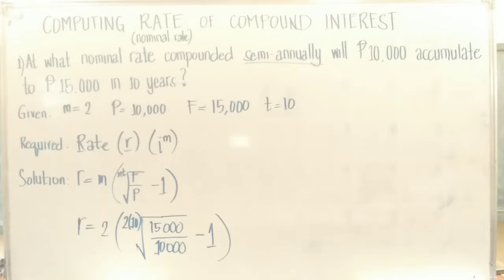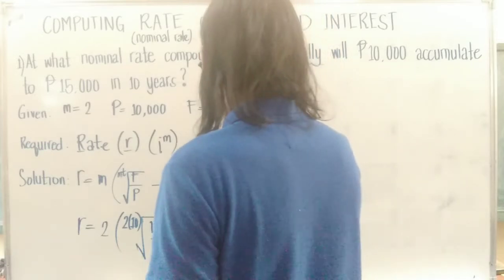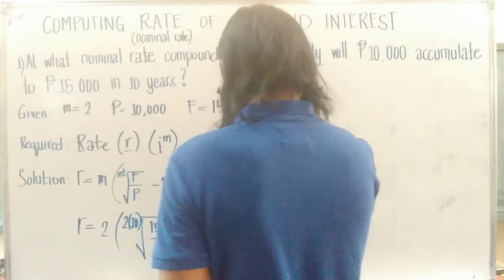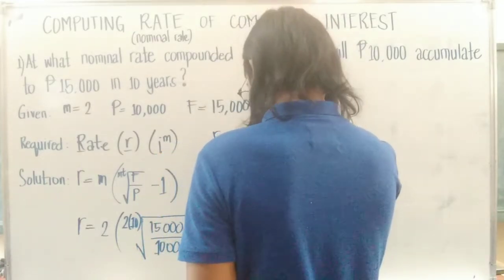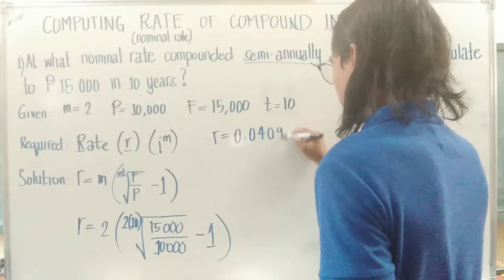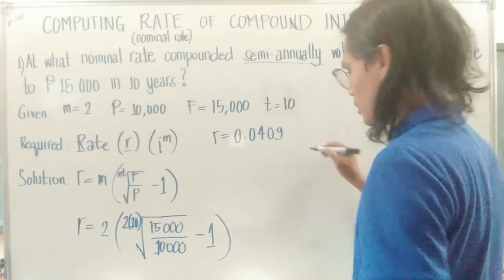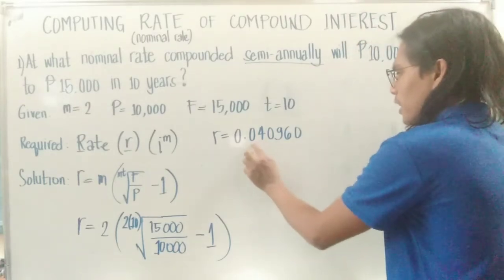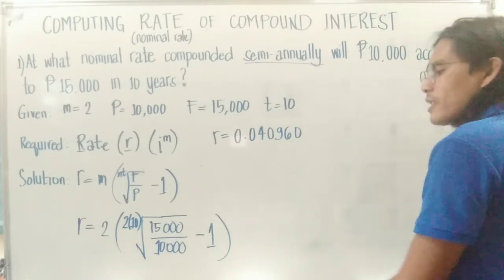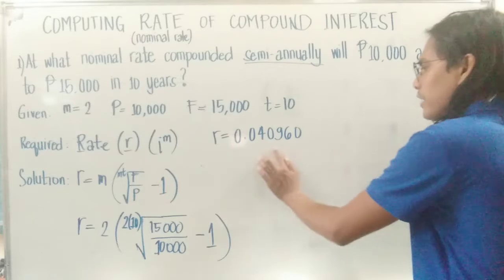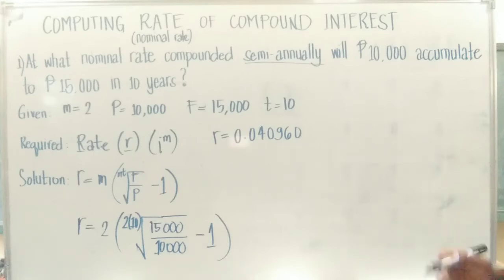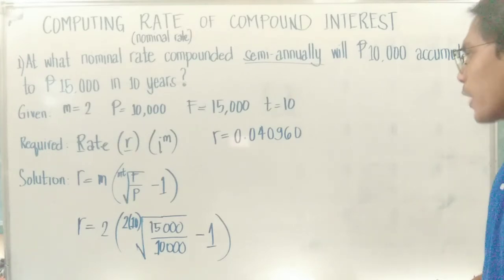Okay, so after encoding your calculator, you may get this value. So r is equal to 0.040960. So I'm writing six decimals to prepare you for our next lesson, which will be about equivalent rates.